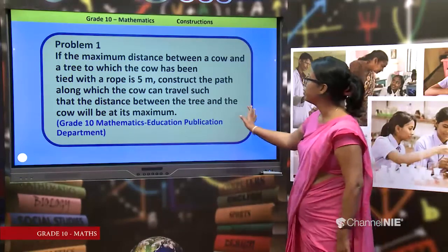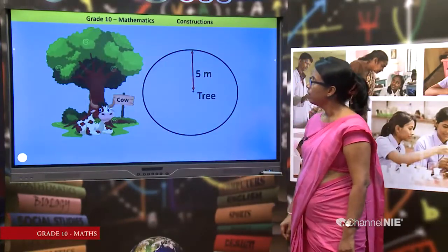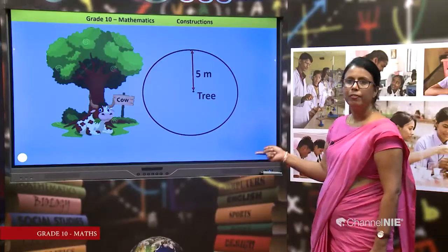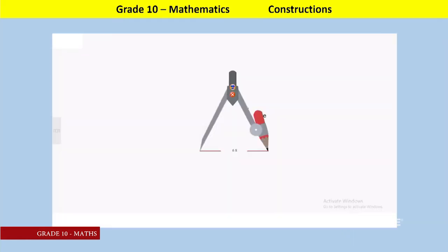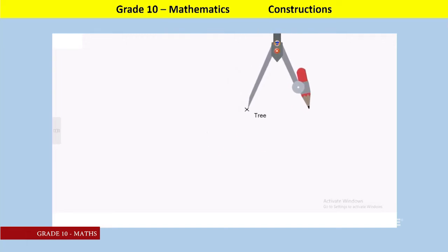Let's try. 5 meters away from the tree. So, what is this locus? That is a circle. Let's try this construction now. Get ready with your pencil, ruler and pair of compasses. Mark any point as the tree. Keep the steel point on that point.